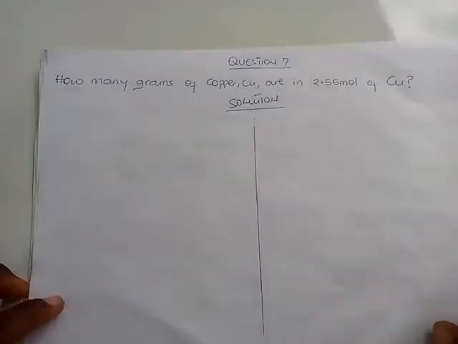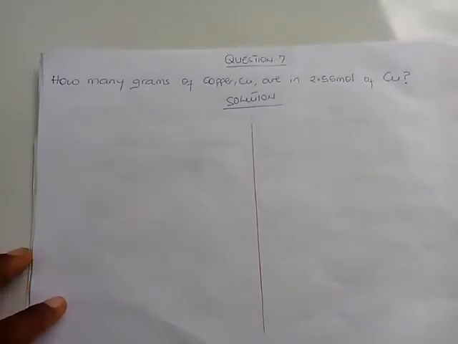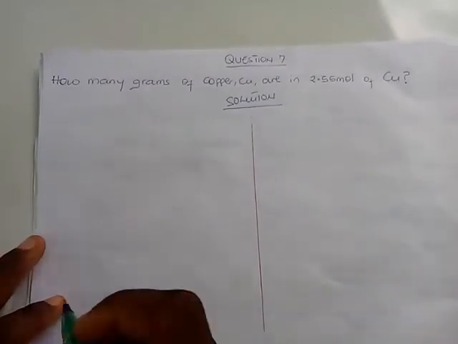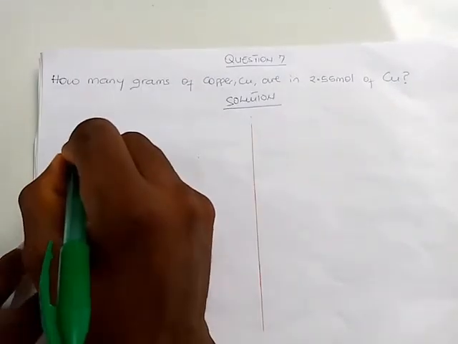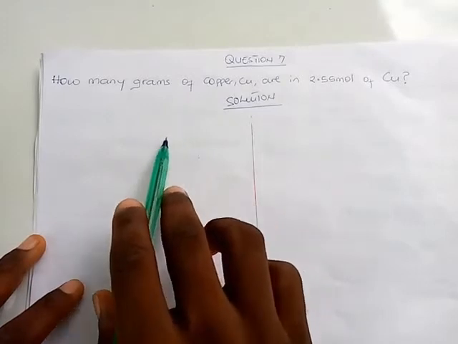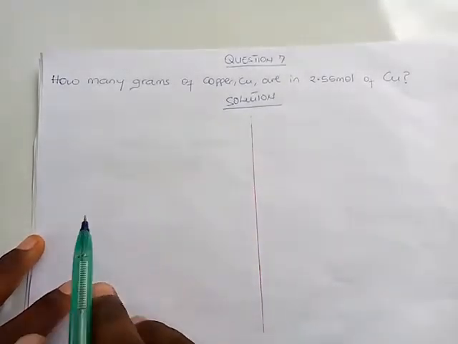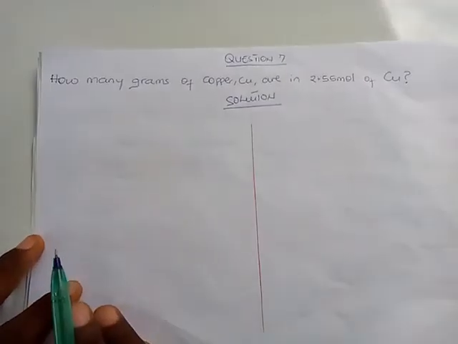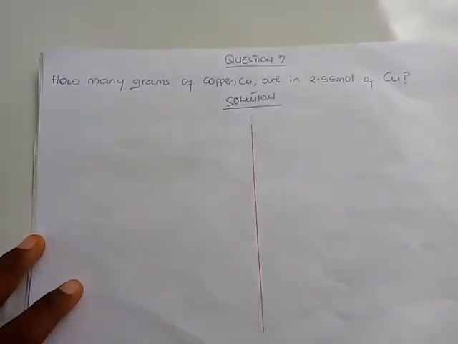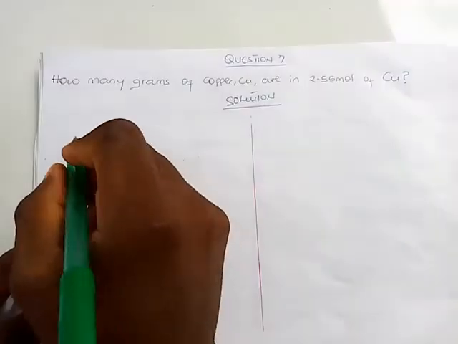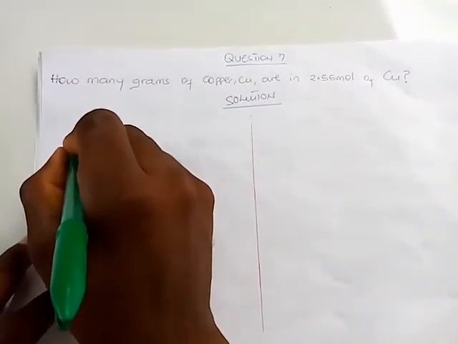The element is copper. So what is the relative atomic mass of copper? We know that one atom of copper weighs 63.5, and that also is the molar mass of copper. From our definition of molar mass, the mass of 1 mole of copper is the molar mass of copper.